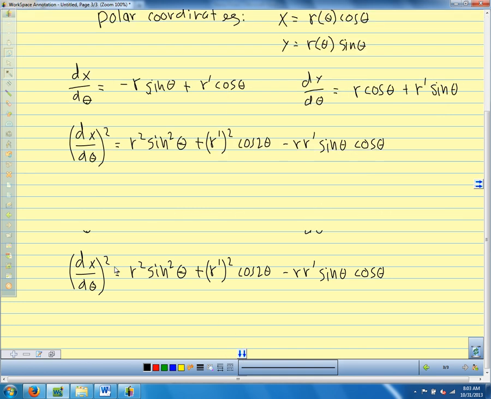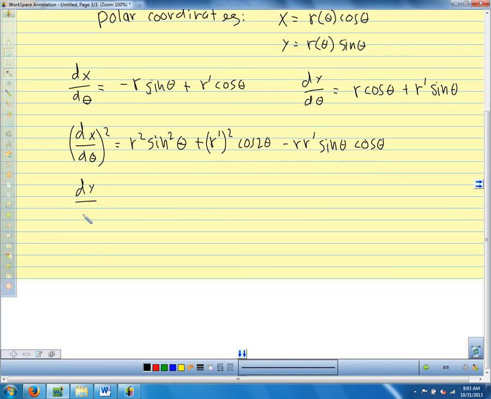And dy d theta squared equals what? I get an r squared cosine squared theta. And for the last term, I get a plus r prime squared, and this should be a squared, not a 2.